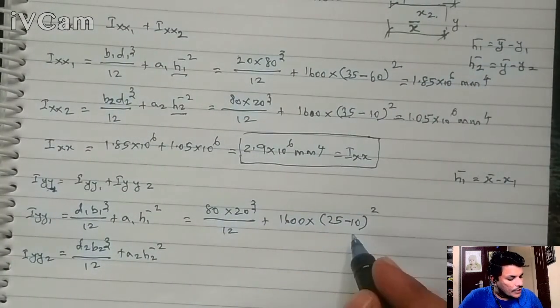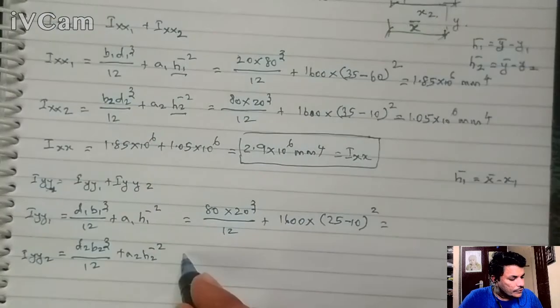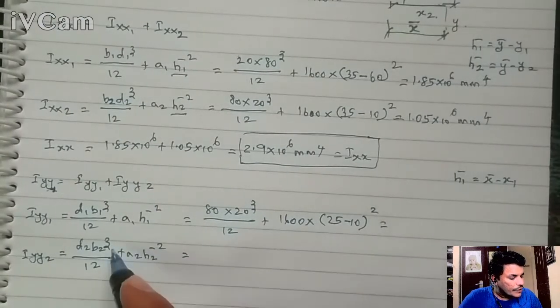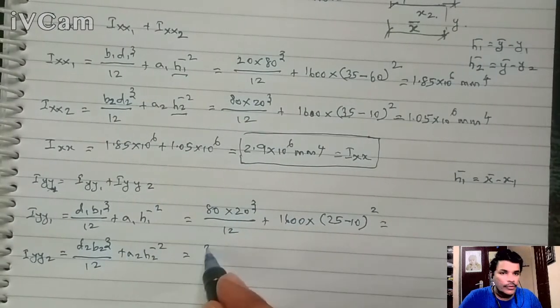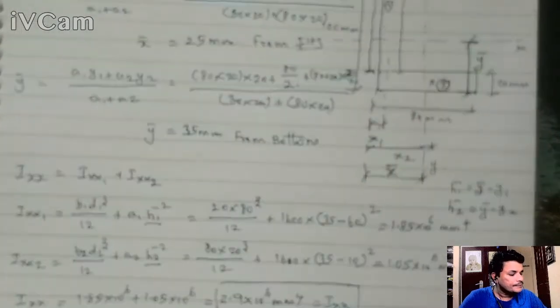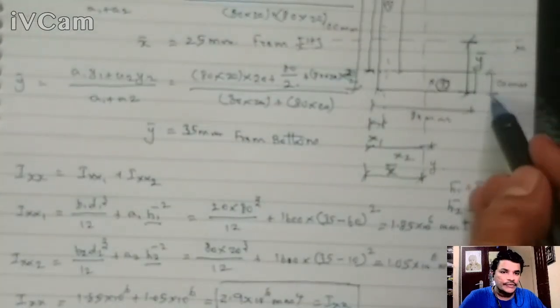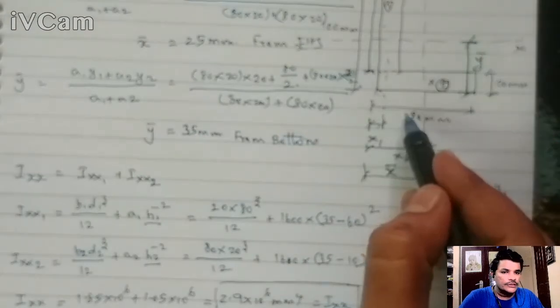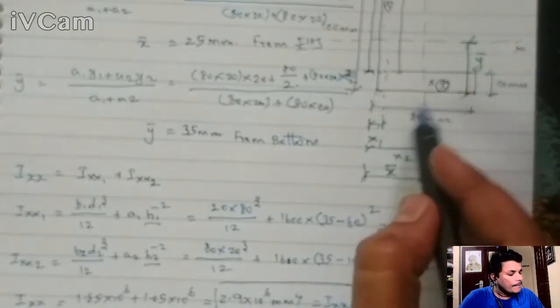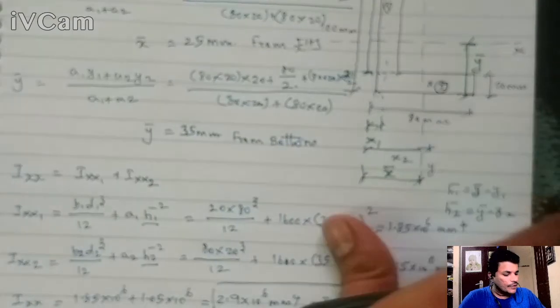Similarly, Iyy2 is equal to d2. So here d2 is 20 mm. This is d2, the depth of the second section, and this is b2.